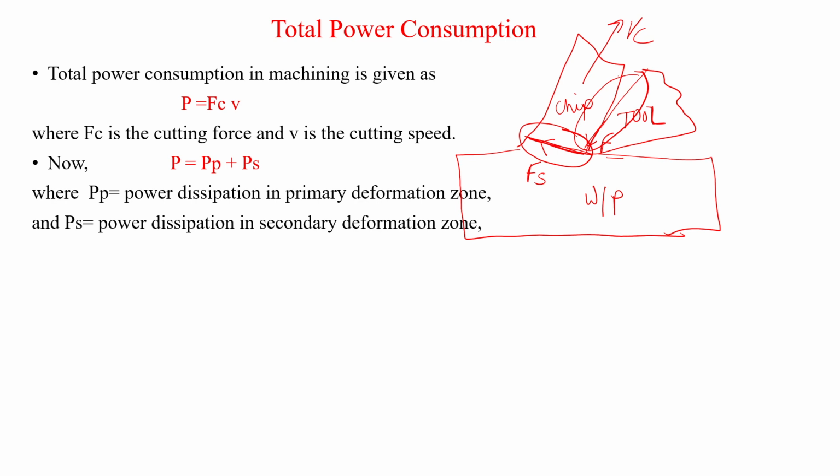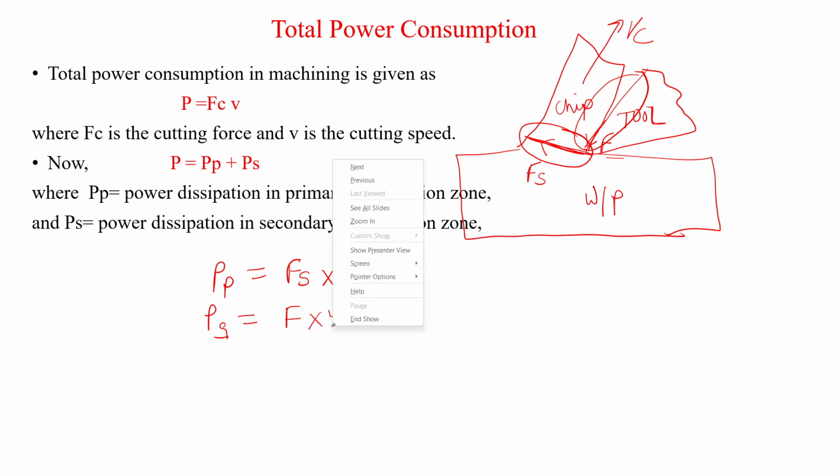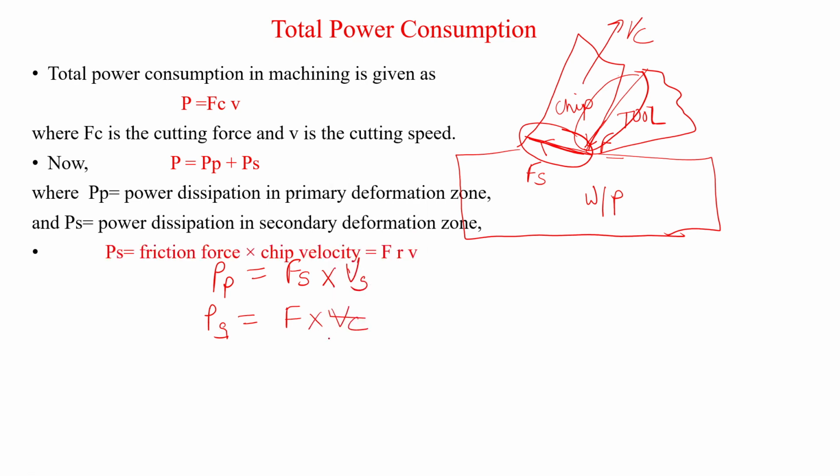So PP can be found using the shear force and the shear velocity Vs. Very simple. Similarly, PS, which acts because of the friction, can be found using the friction force and the chip velocity Vc. This is for the shear zone, and this is for the chip rake surface zone.